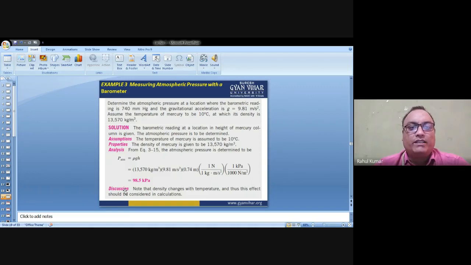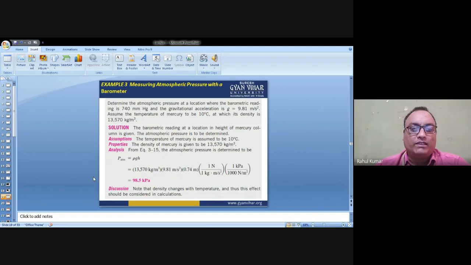The property here: density of mercury is 13,570 kg per cubic meter. Then P atmosphere equals rho g h. Just multiply the rho value, g value, and elevation height, right? Then it gives a value of 98.5 kilopascal. This effect should be considered in the exams also, right?